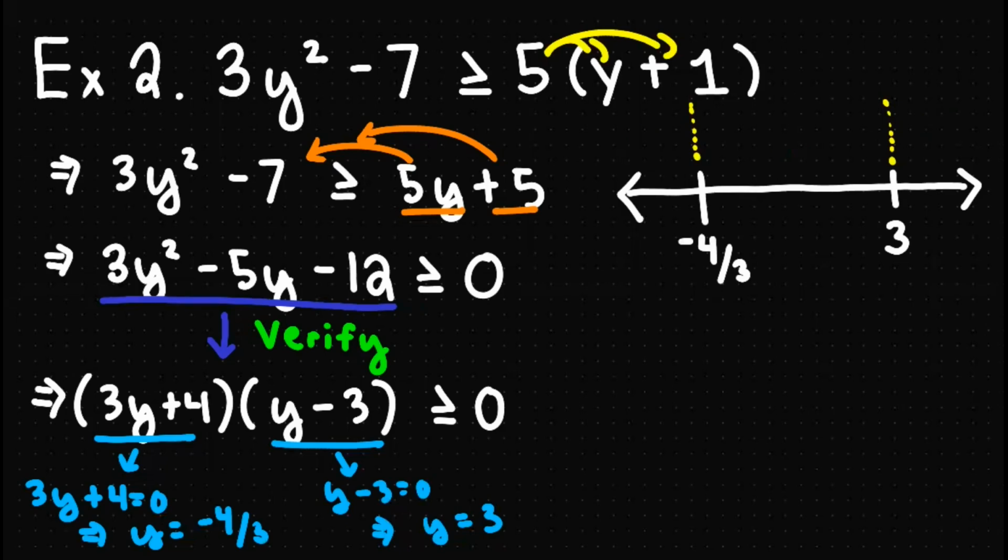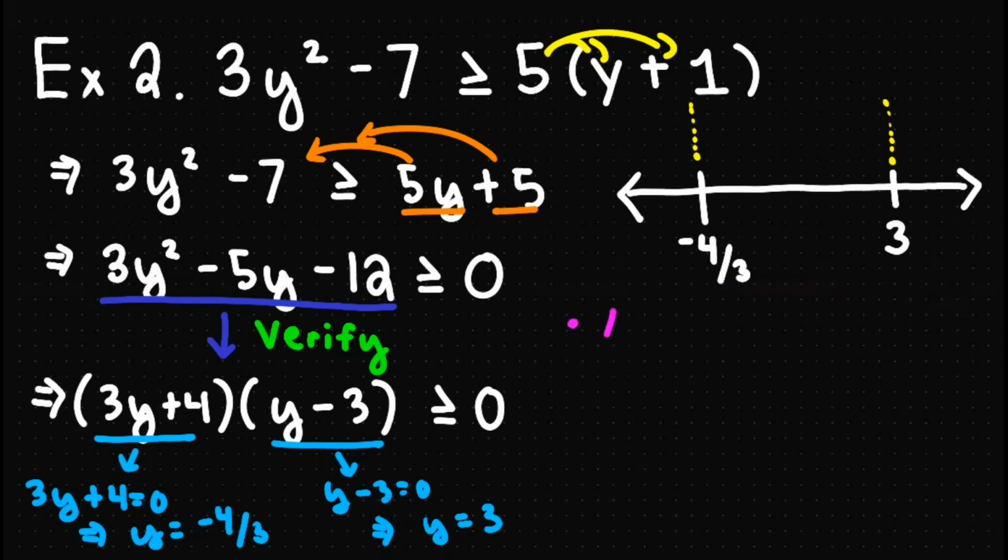Starting with our first region, let's test some values. Let's find a value less than negative 4 over 3. We can take negative 2, since negative 4 over 3 is approximately negative 1.333, if I'm not mistaken.